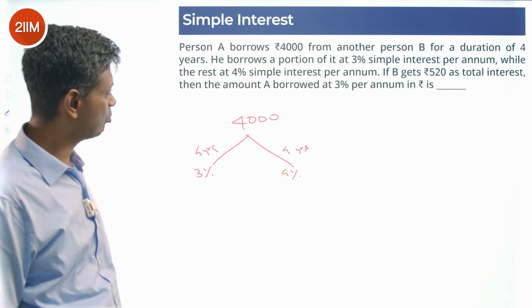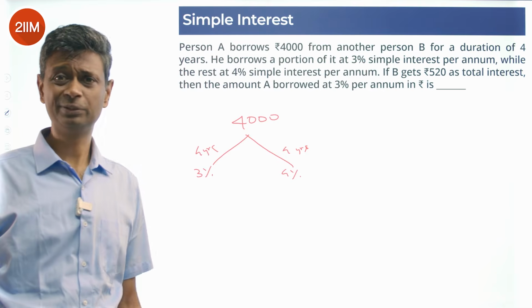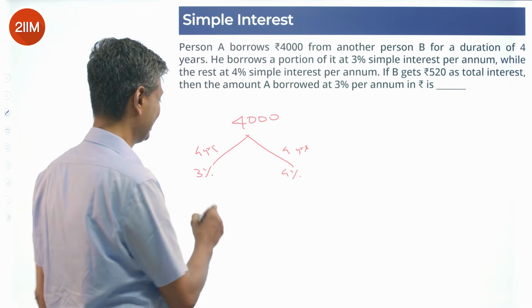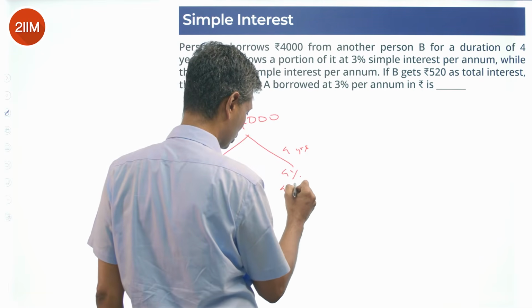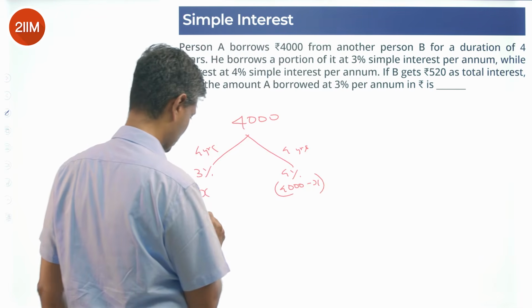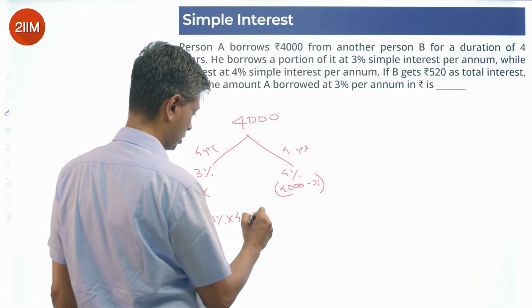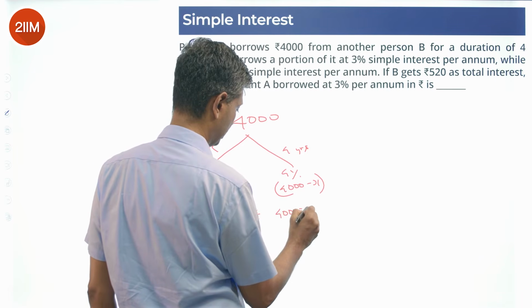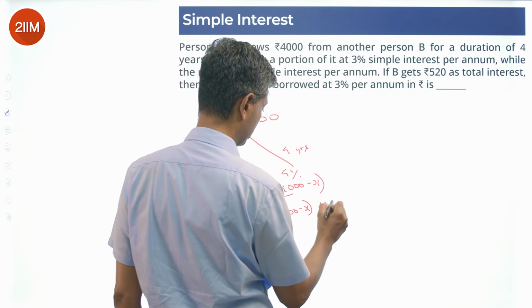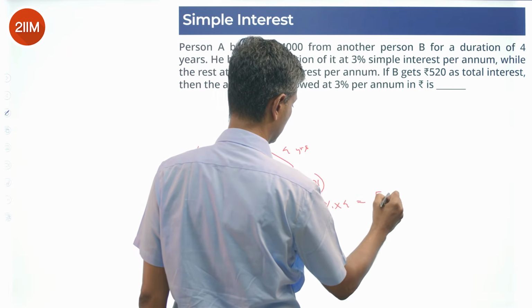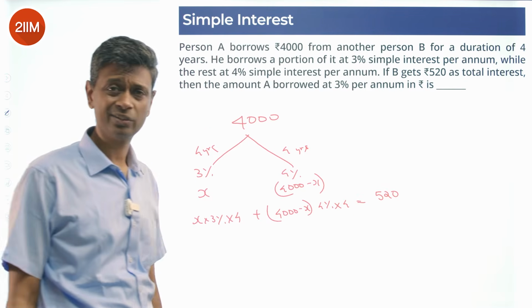Find the amount A borrowed at 3%. It's a freebie, and you can do it algebraically. Say this is X, this is 4,000 minus X. So X into 3% into 4 years plus 4,000 minus X into 4% into 4 years is 520. Solve for X, we're through.